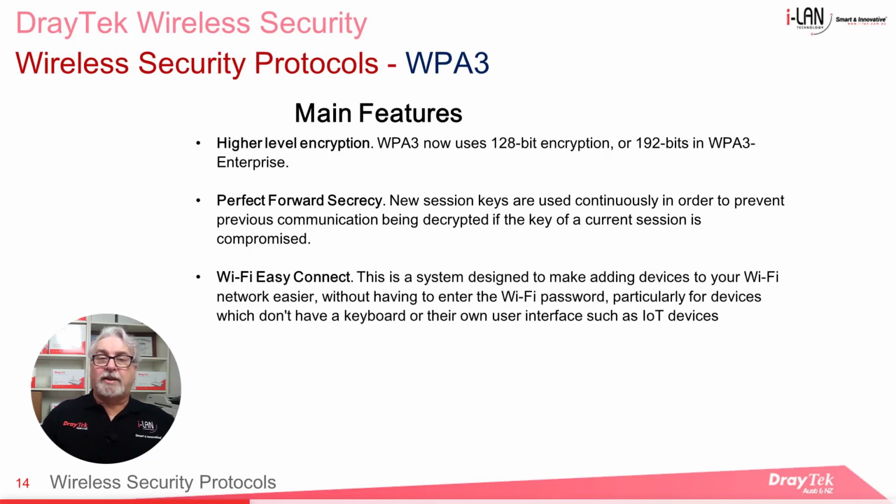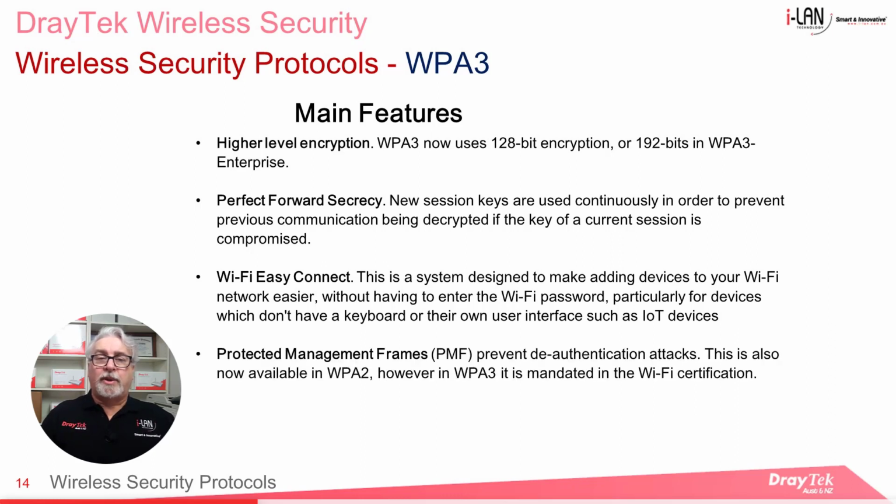Wi-Fi Easy Connect is a system designed to make adding devices to your Wi-Fi network easier without having to enter the Wi-Fi passwords, particularly for devices which don't have a keyboard or their own user interface, such as IoT devices. Protected Management Frames, PMF, prevent deauthentication attacks. This is also now available in WPA2, however in WPA3 it is mandated in the Wi-Fi certification.